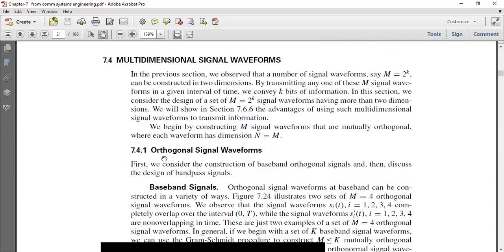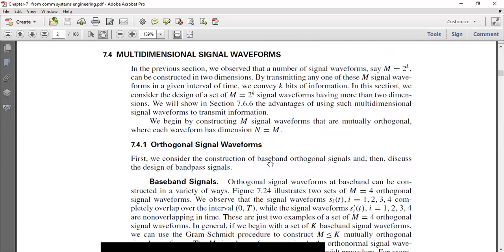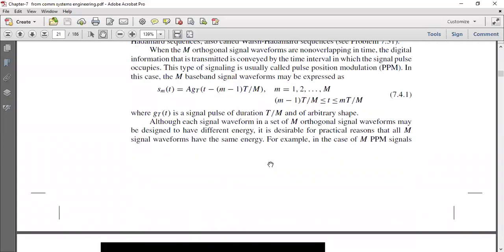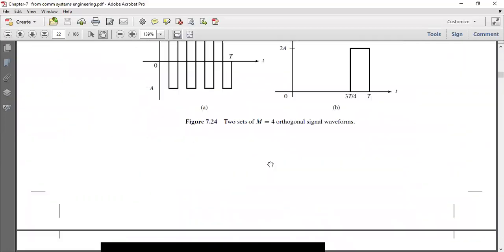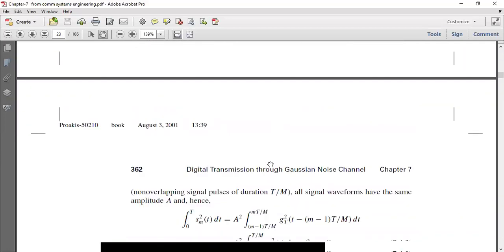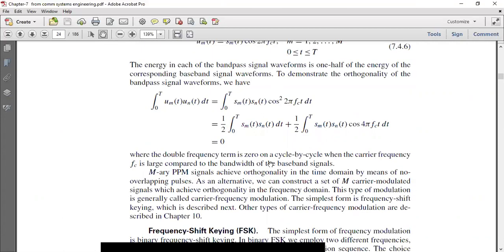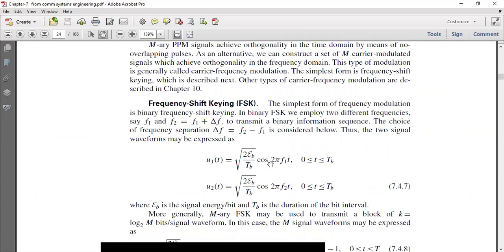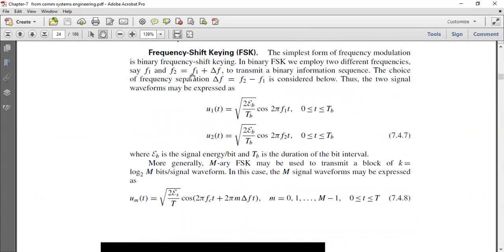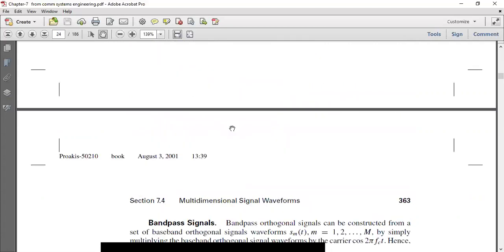In this case, we covered orthogonal signal waveforms, baseband signals, and then frequency shift keying.